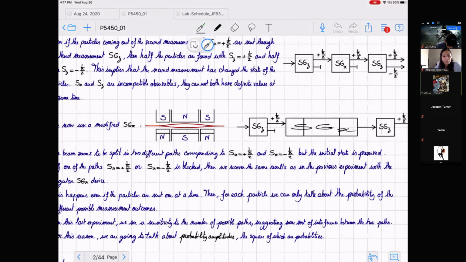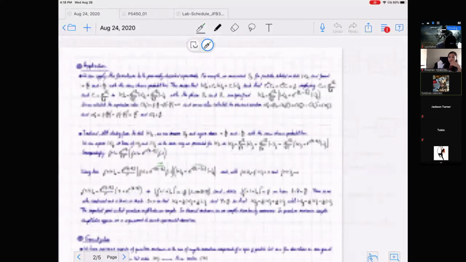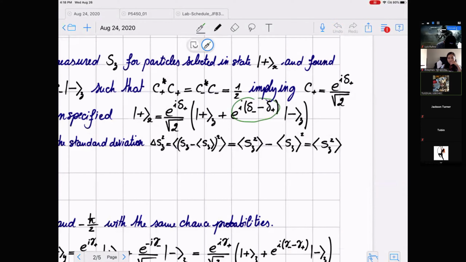When you studied optics and interference, you remember that the relative phase of two beams of light is what decides whether you have constructive or destructive interference. That's the same thing here, and that's why I was stressing that this phase factor is what decides how one state is going to interfere with another state.